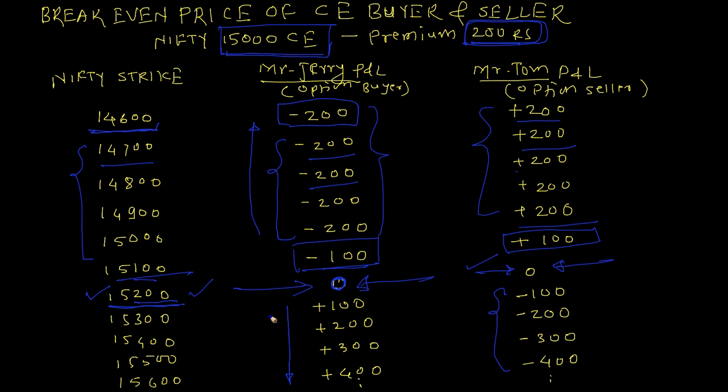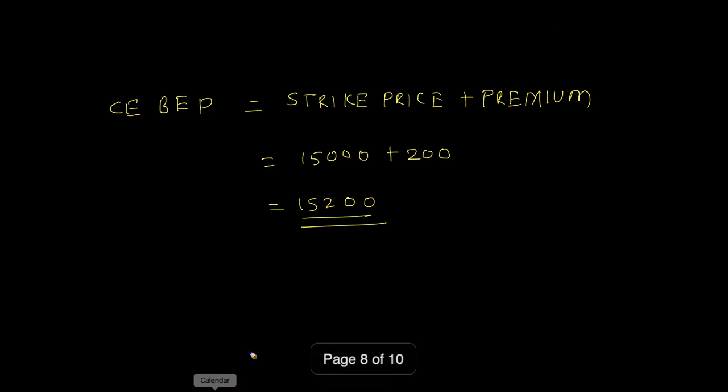So now let us try to deduce the formula for the break-even price. For the call option, CE means call option, the break-even price is equal to the strike price. That means the option being traded is for the 15,000 strike price, right?